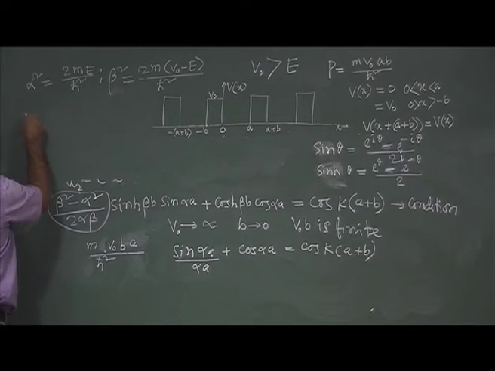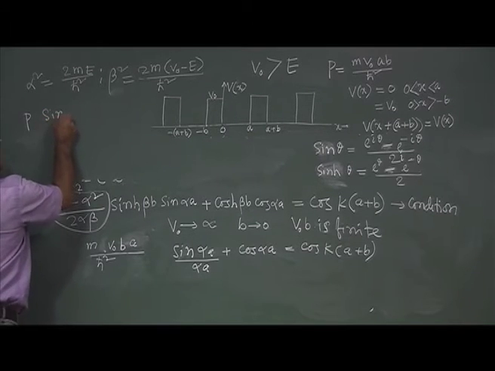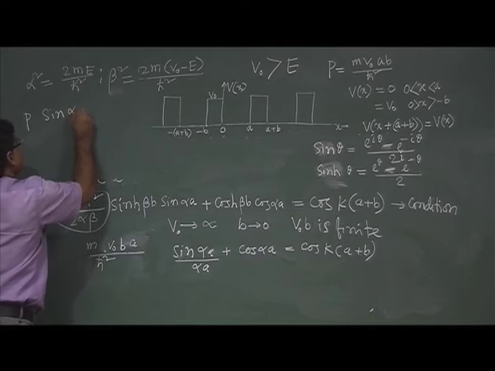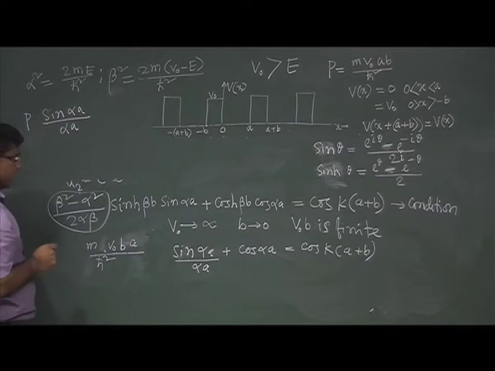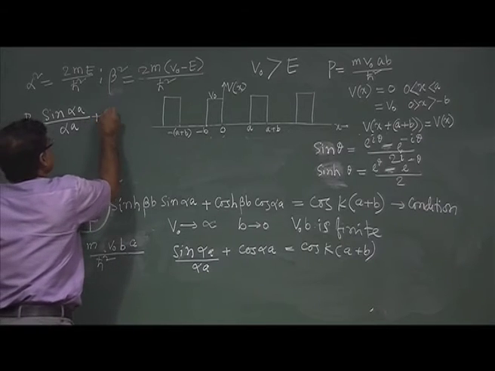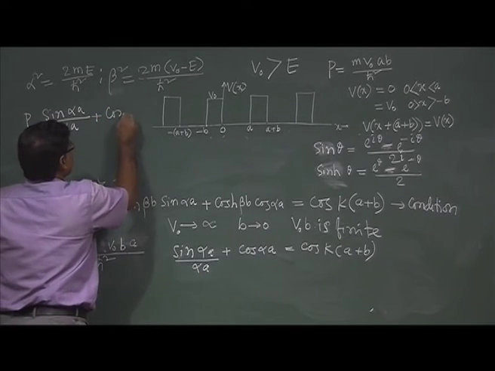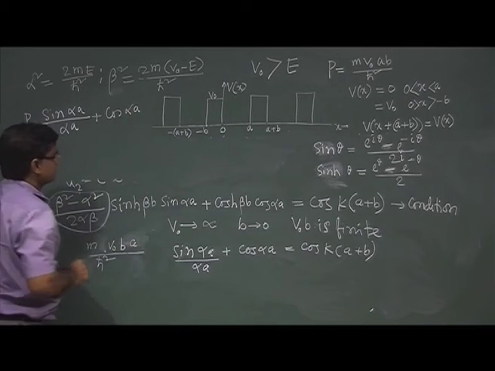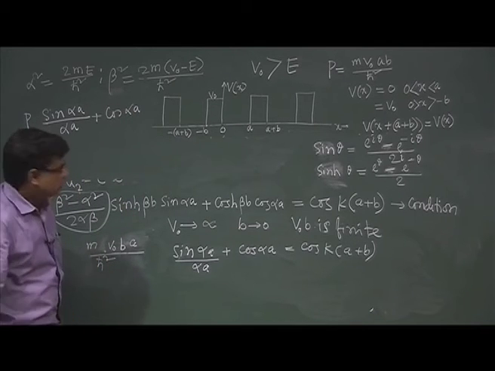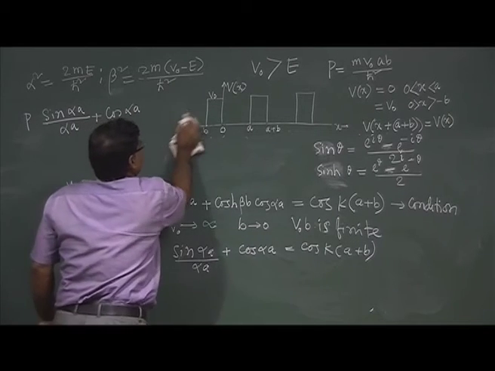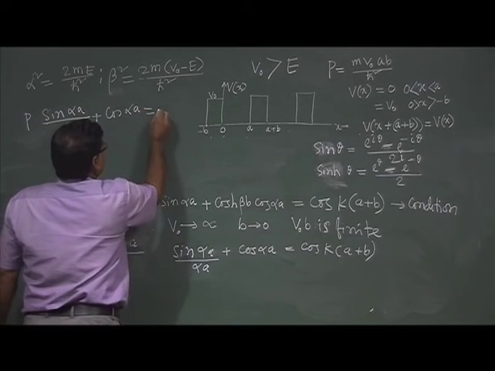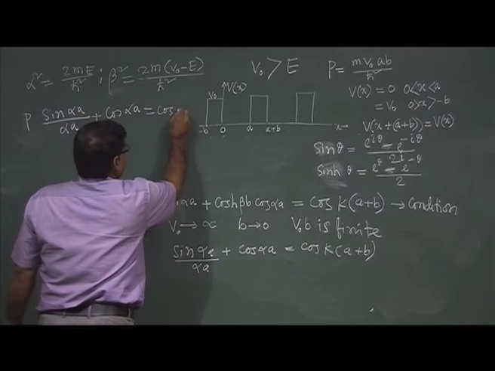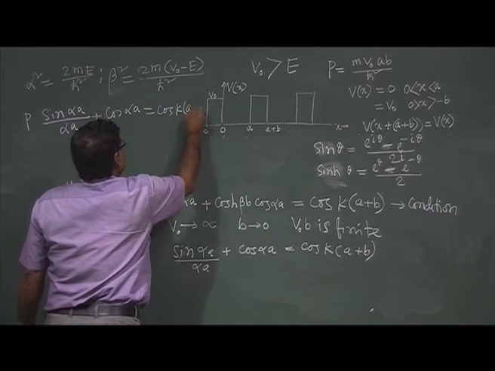We got P sin alpha a by alpha a plus cos alpha a equal to cos k(a plus b).